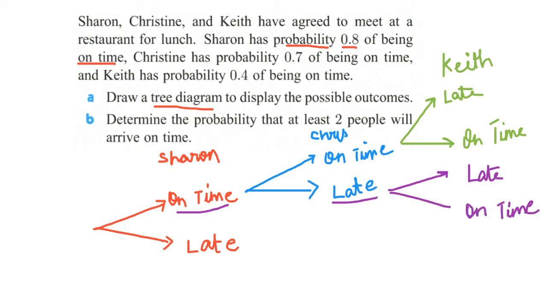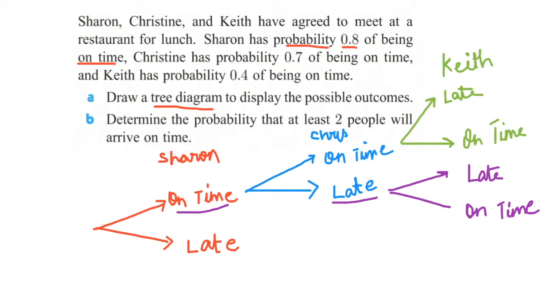So far I have listed down all the possibilities. When Sharon is on time, Chris could be on time or late. If Chris is on time, Keith could be late or on time. If Chris is late, Keith could be late or on time. So I have covered all the possibilities when Sharon is on time.